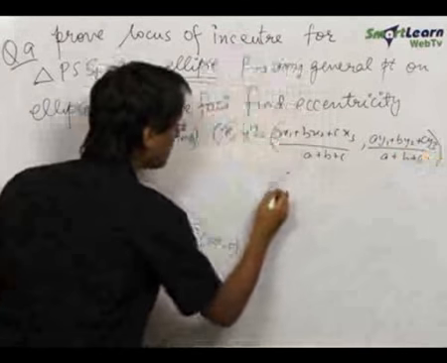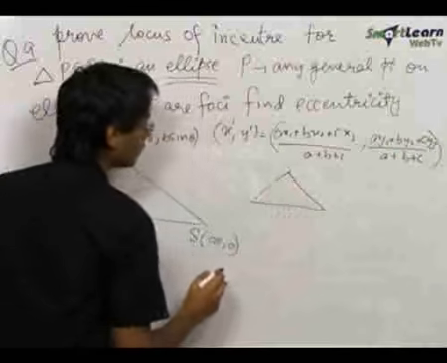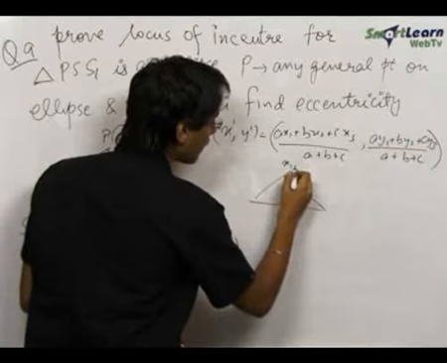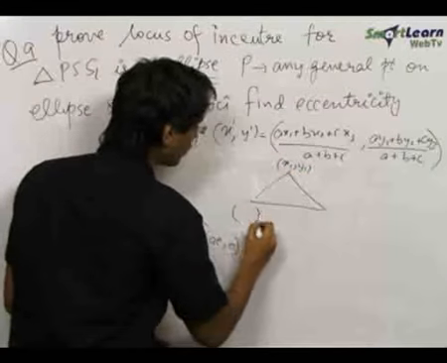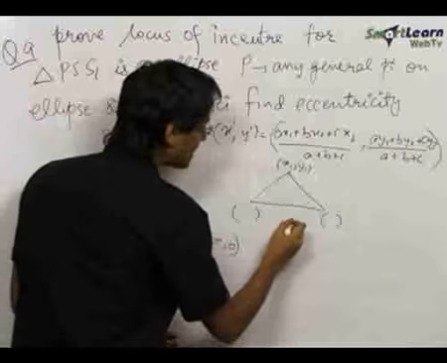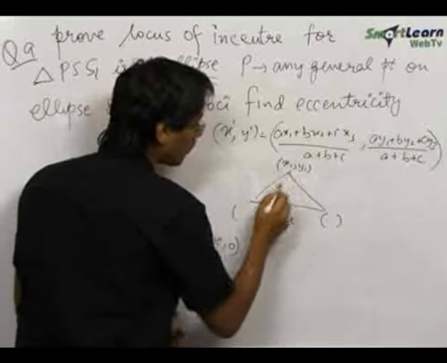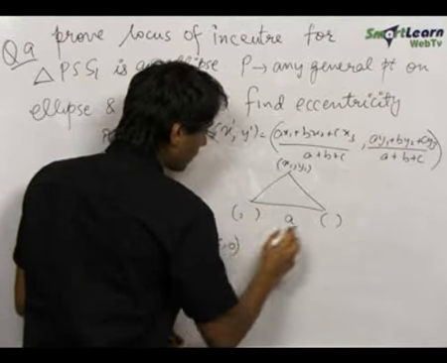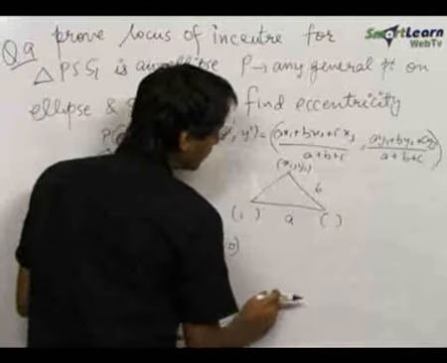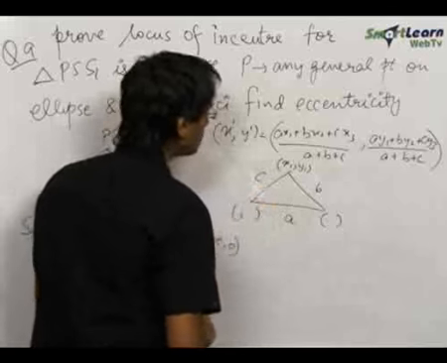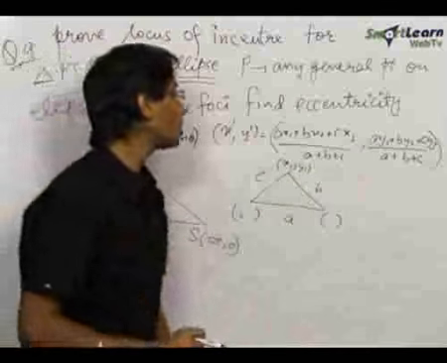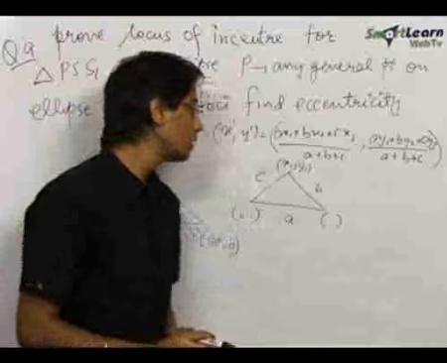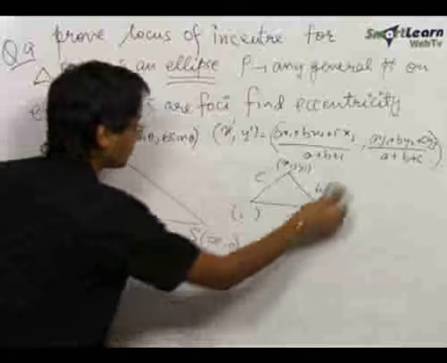Let us see what are a, b, c, x1, y1, x2, y2, x3, y3. x1, y1, x2, y2 and x3, y3 are the three coordinates of the triangle. A is the length of the side opposite to the vertex x1, y1. Opposite to the vertex x2, y2 we have b, and opposite to x3, y3 we have c. This is an important formula for the coordinates of the incenter of a triangle, and you should remember this formula.